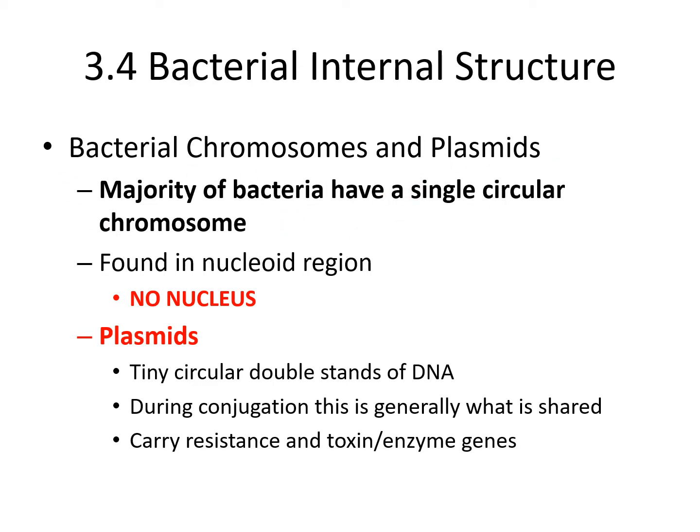Whereas we eukaryotes are going to have multiple chromosomes. We humans, multiple straight, linear chromosomes, 23 pairs. Other animals, other plants, other eukaryotes can have more or less than us.